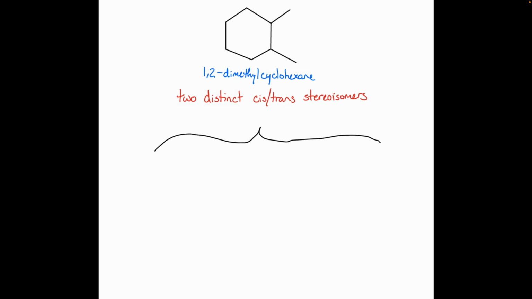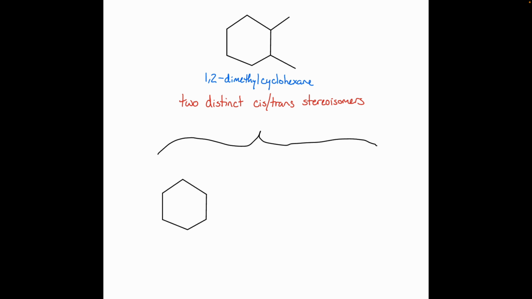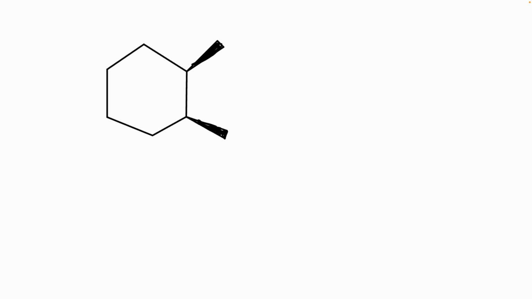Okay, so if those two groups were on the same side of that cyclohexane ring, I would put them both on a wedged bond or both on a dashed bond. All right, so with those both on a wedged bond here, those methyl groups are locked on the same side of the ring.